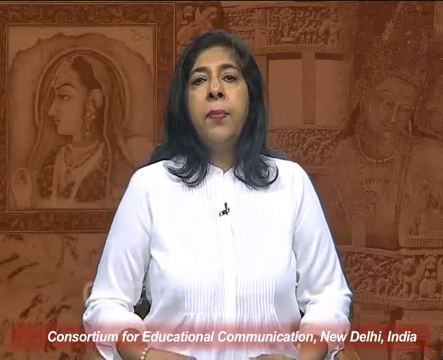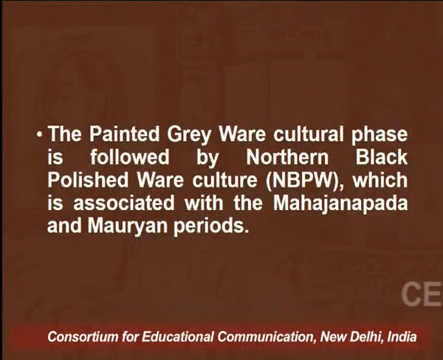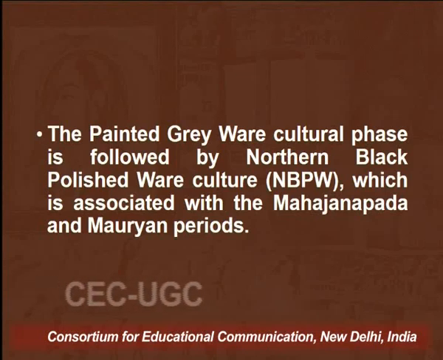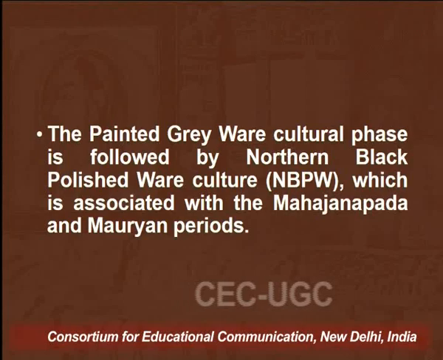The Iron Age in North India was coterminous with PGW culture, and in South India it was associated with megalithic burial mounds. The PGW cultural phase is followed by NBPW, that is Northern Black Polished Ware culture, which is associated with the Mahajanapada and Mauryan periods.